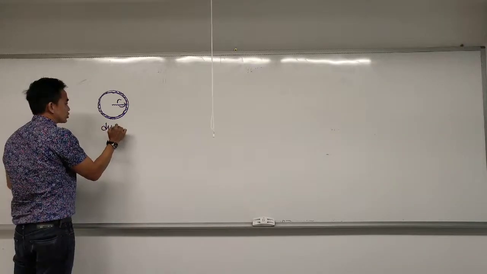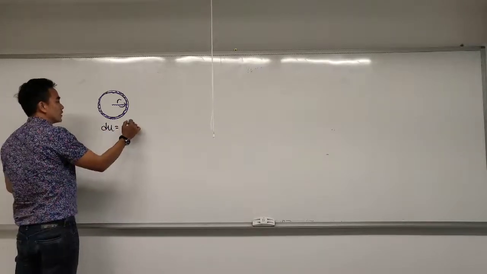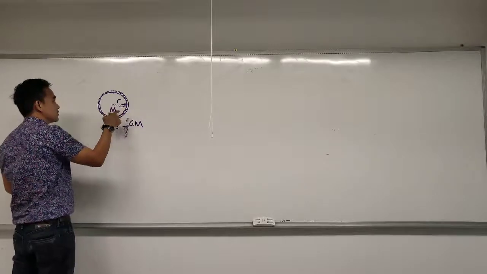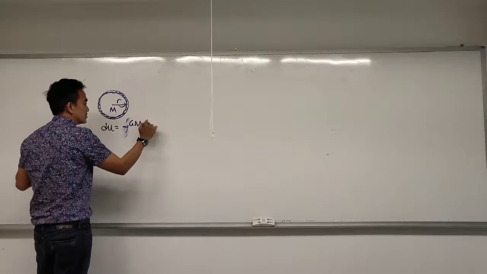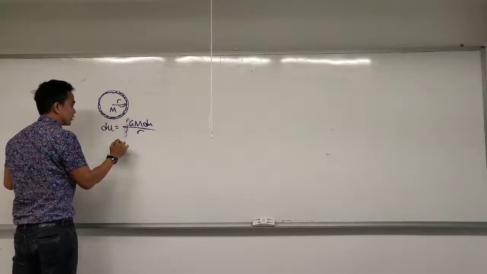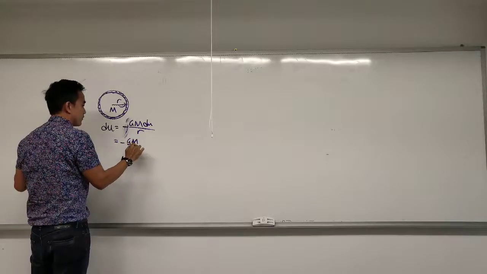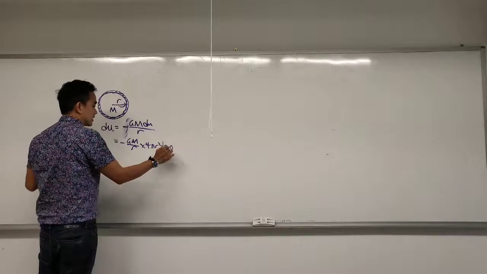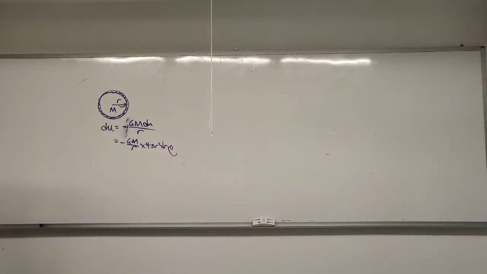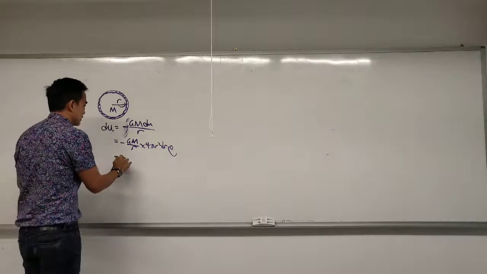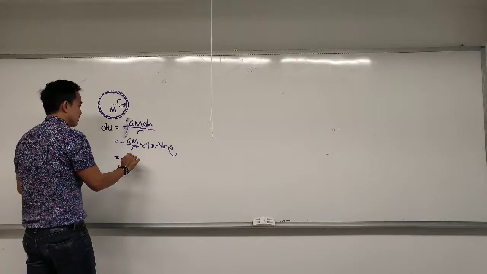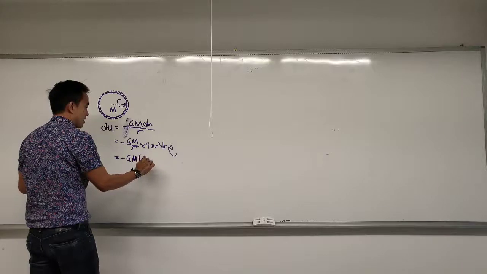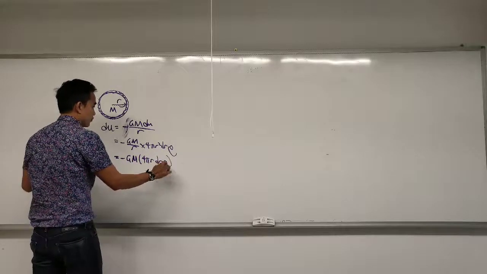Now this shell has a small little energy of minus G times the mass of this planet, say m, times dm divided by r, which is Gm upon r times 4 pi r squared dr times the density of the shell, which will give you minus G m 4 pi r dr rho.